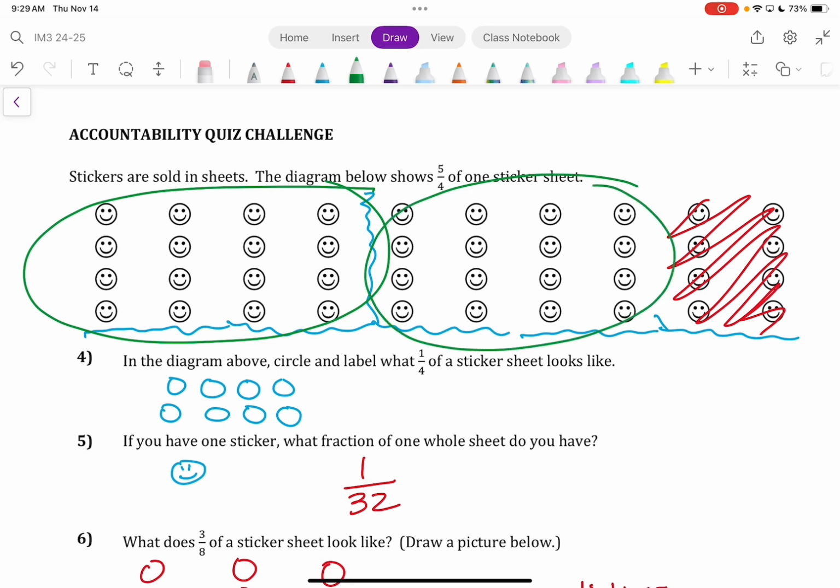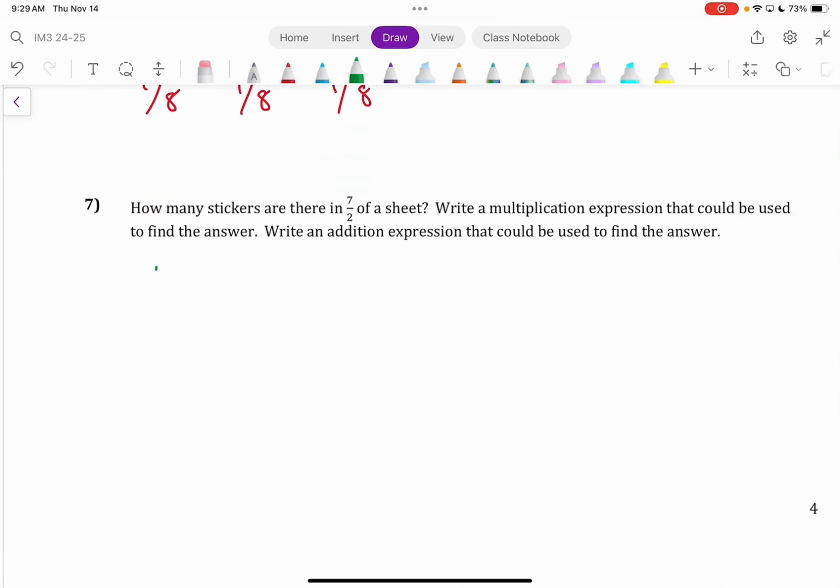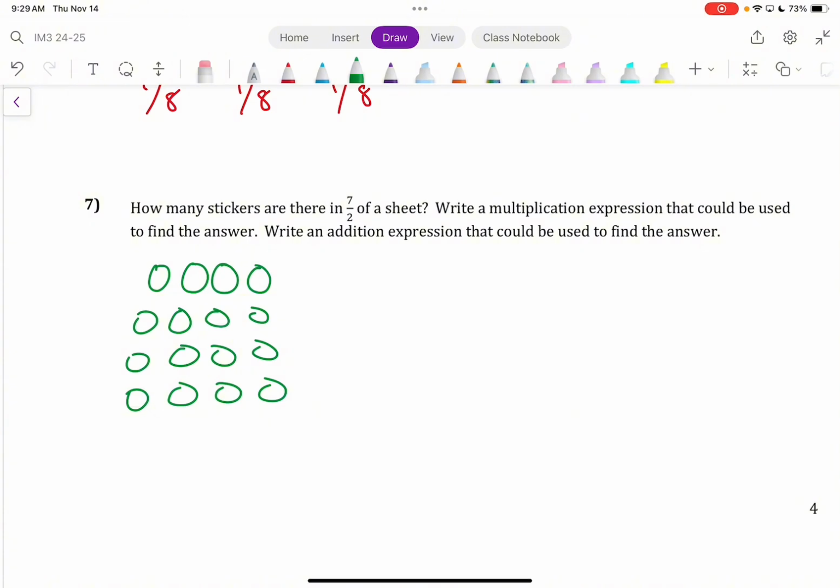That's split into 2. How many smiley faces or how many stickers are there in each group now? 16. So this is 16, and this is another 16. You need to do a 4x4. So 16 represents 1/2.